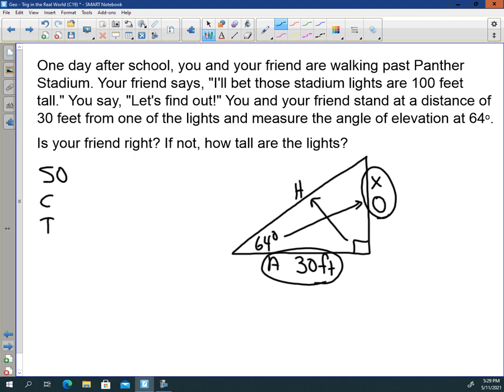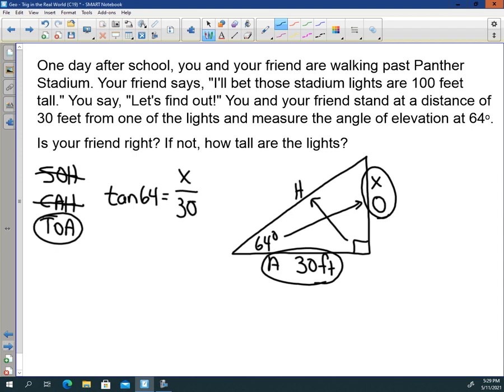And we remember them from SOH CAH TOA. We have the adjacent and we want the opposite. And that is the tangent ratio because it's the only one that has both of those pieces. So the tan of the angle is the opposite over the adjacent. Done.